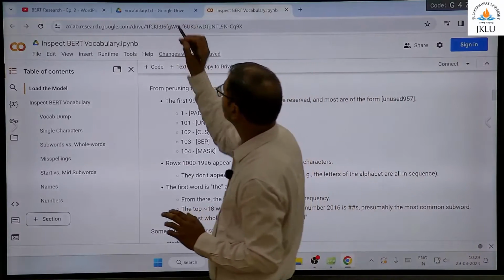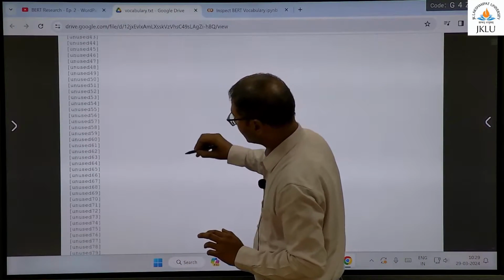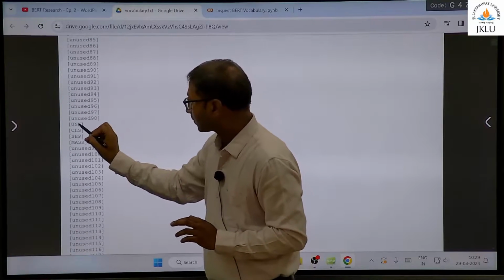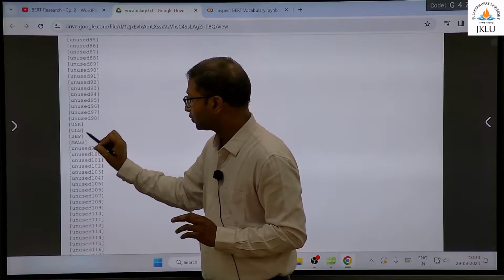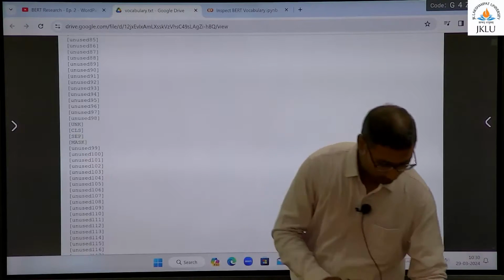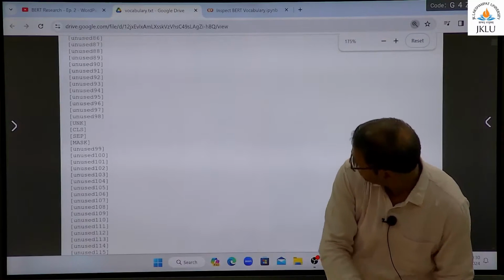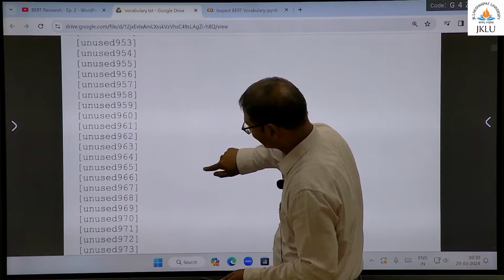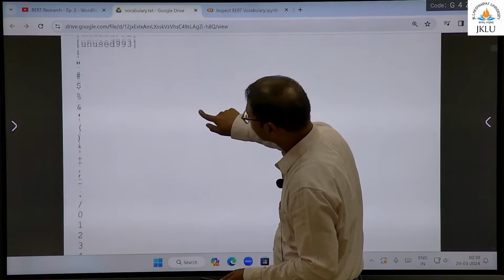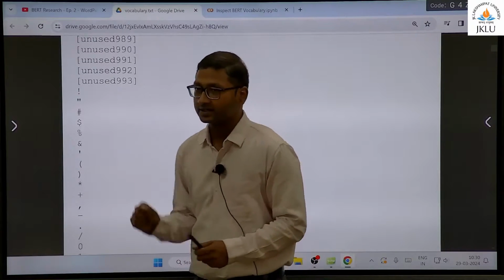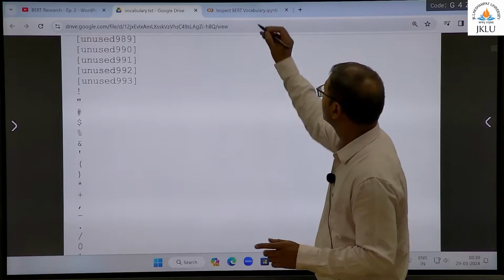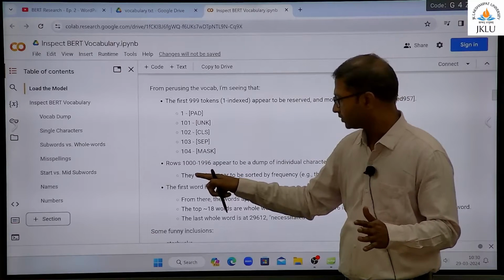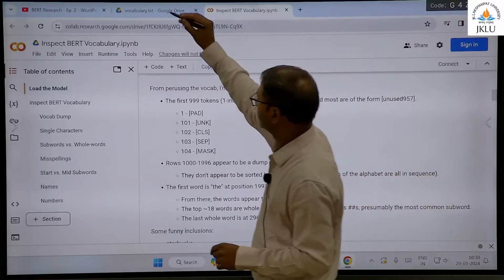Now 1000 to 1996 appear to be a dump of individual characters. Let us go here. We have talked about this: UNK, CLS, SEP. Now you see individual characters start, from 1000 to roughly 2000, 1000 to 1996.